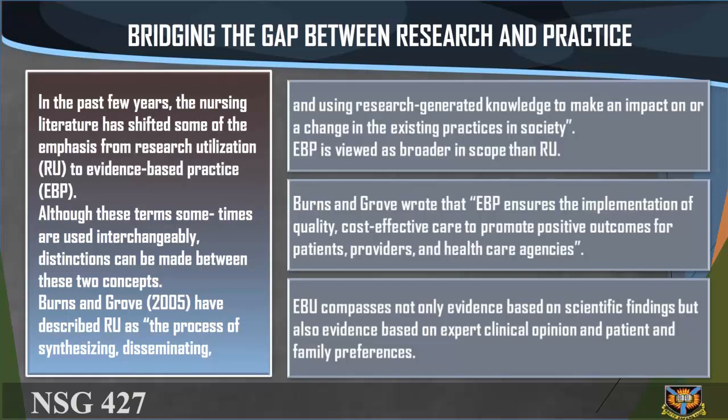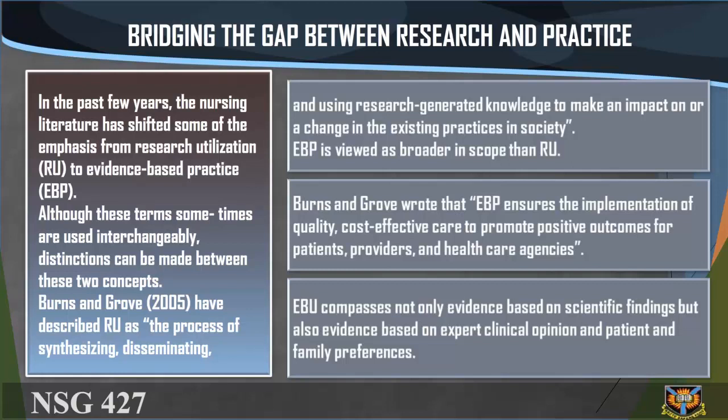Bridging the gap between research and practice. In the past few years, the nursing literature has shifted some of the emphasis from research utilization (RU) to evidence-based practice (EBP). Although these terms sometimes are used interchangeably, distinctions can be made between these two concepts.